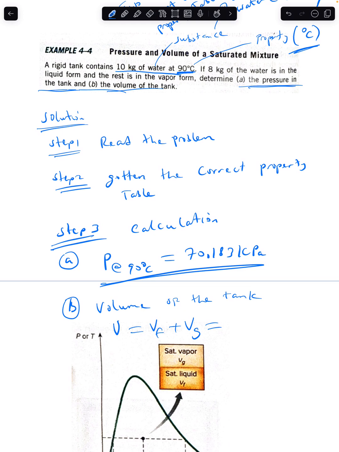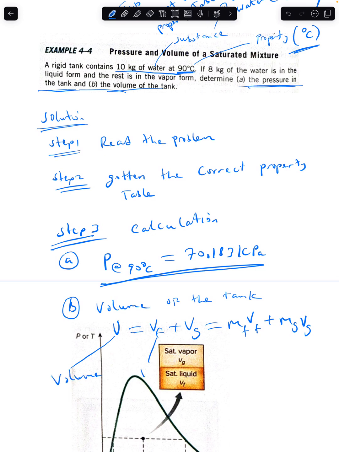And what is the volume of fluid? It is the mass of fluid times the specific volume of fluid. Plus, what is the volume of vapor? The mass of vapor times the specific volume of vapor. So this is the volume.